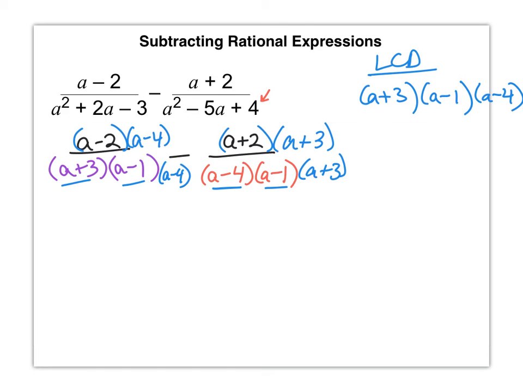So let's look at each individual fraction. The first one, when we multiply using the FOIL process, the first, outer, inner, and last, we get first is a squared, the outer is minus 4a, the inner is minus 2a, and the last is plus 8, all over those three factors that are part of the LCD.